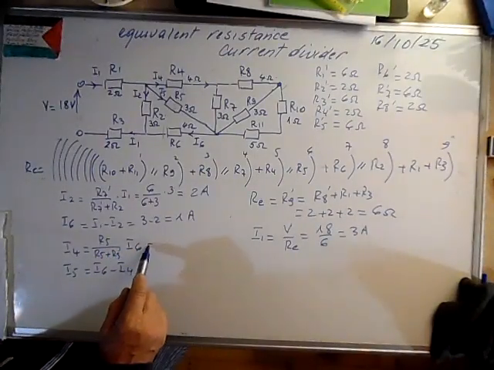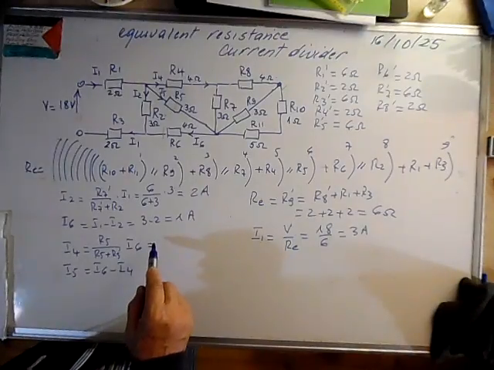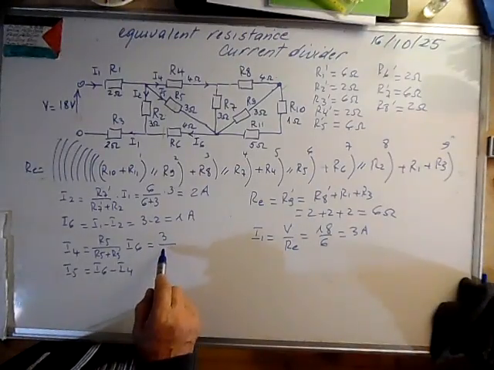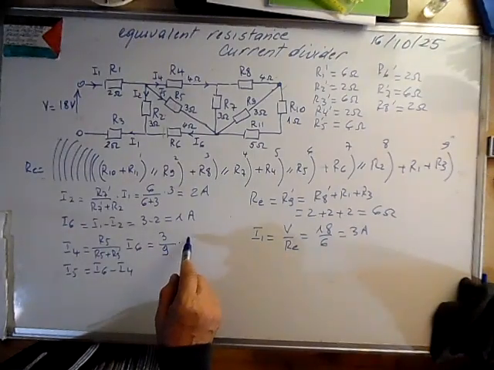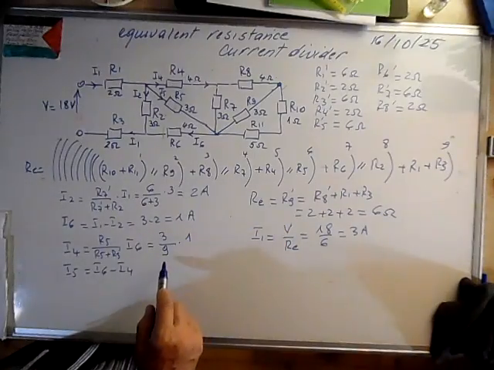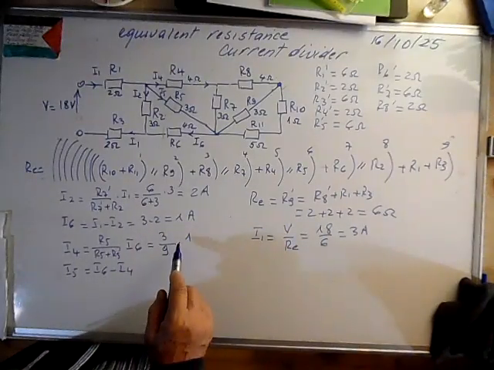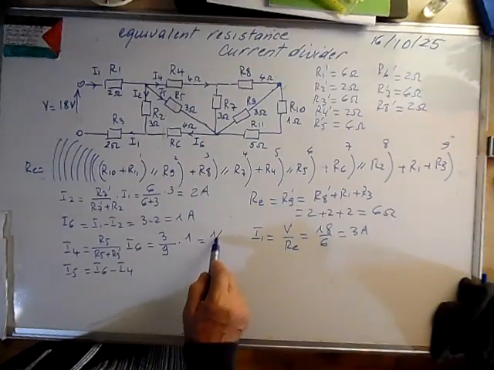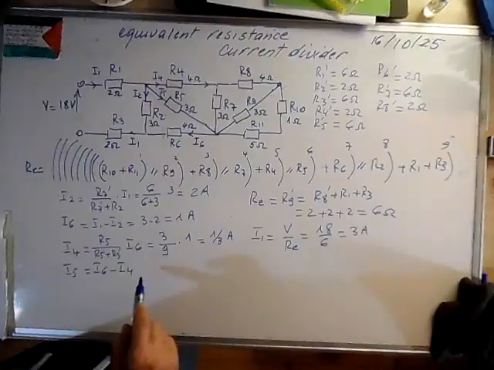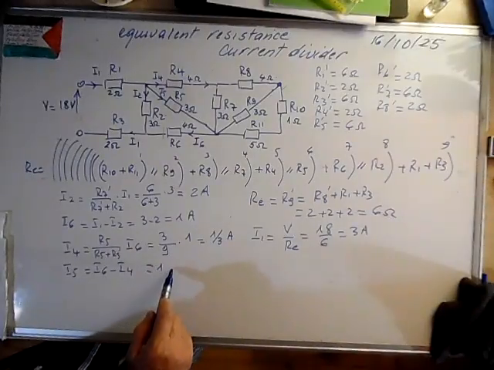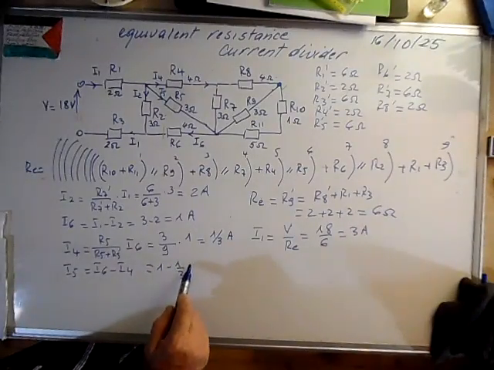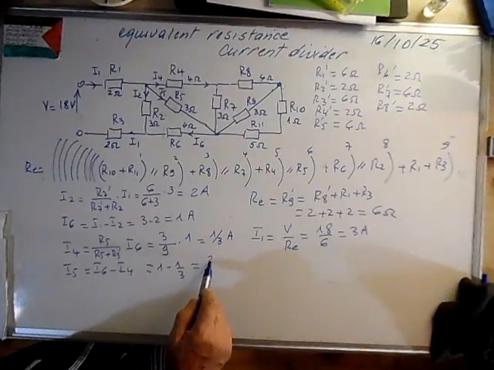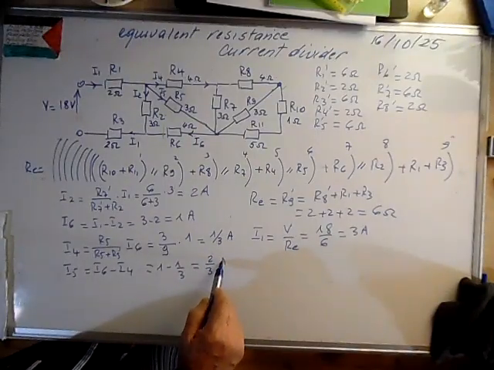So it means it's R5 is 3 over 3 plus 6. It means 9 times I6, which is equal to 1. So I4 is 1/3 of an amp. And here we have 1 minus 1 over 3. It's 2/3 of an amp.